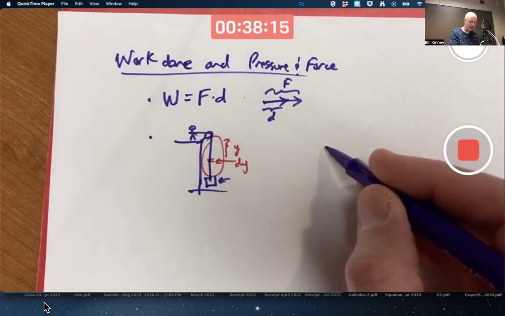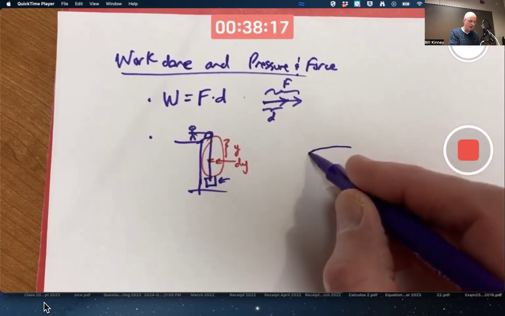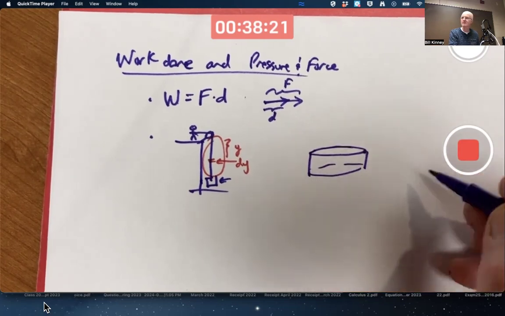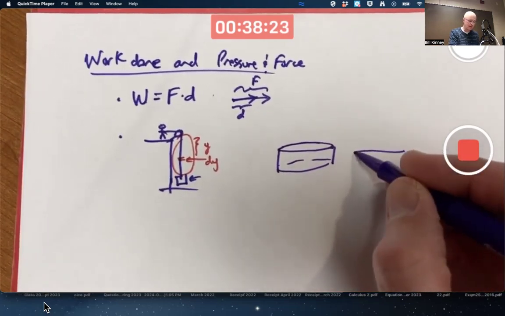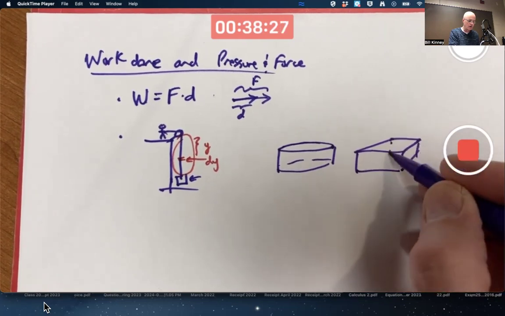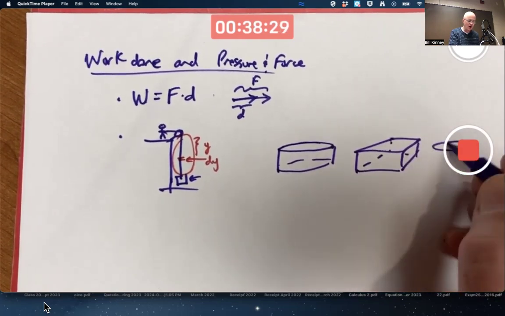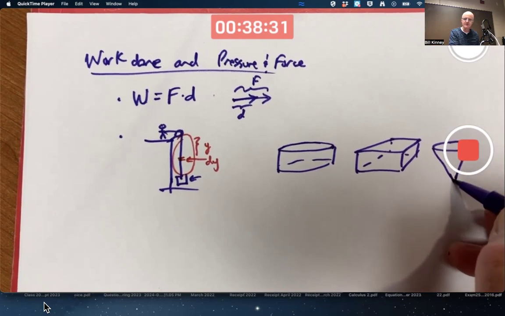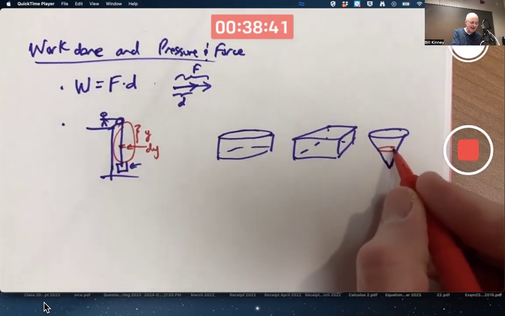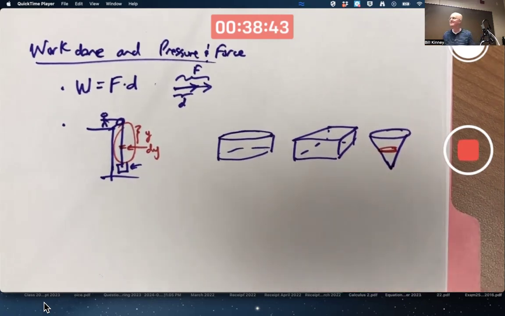We also had work problems involving pumping water out of a pool. The pool could be cylindrical or maybe rectangular box shape, or it could be a cone, or the typical kinds of examples. And the way we figured out the work done there to pump all the water out of the pool was kind of funny. You might say phony. We imagine slicing the water into thin slices.